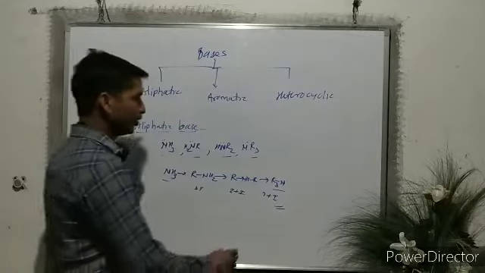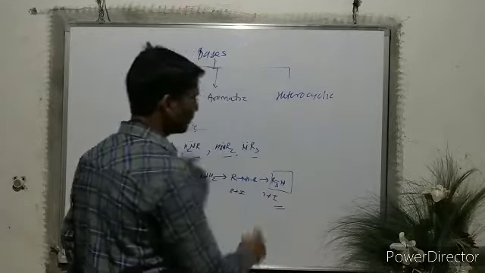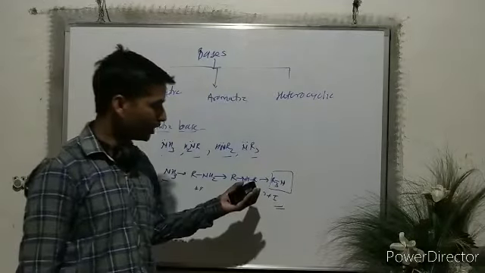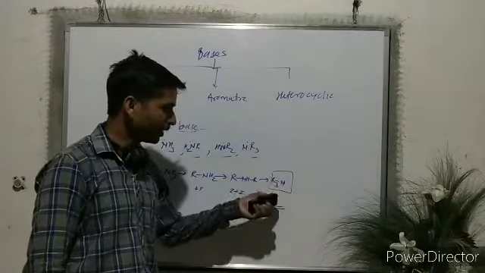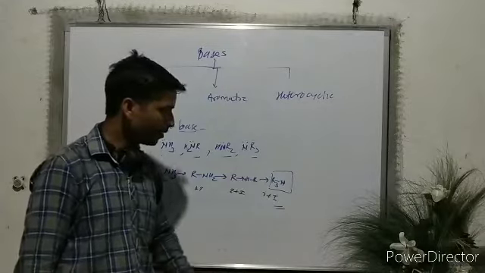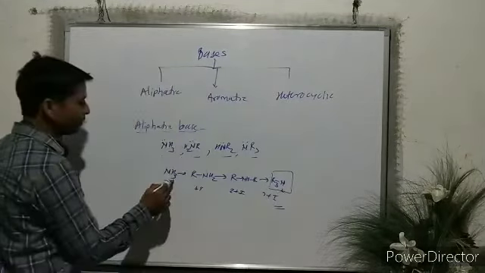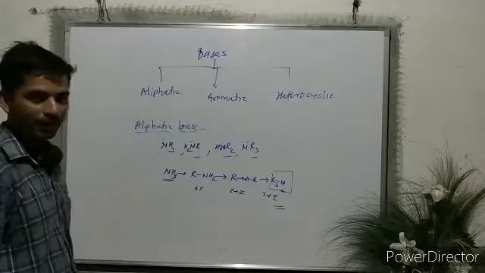So according to theory, this should be the strongest base because it contains the most plus I effect and more donating groups, so the availability of the electron pair in this base is more. According to theory, this is the strongest base and this is the weakest base because it does not contain any plus I effect.